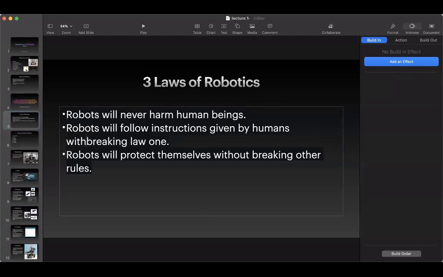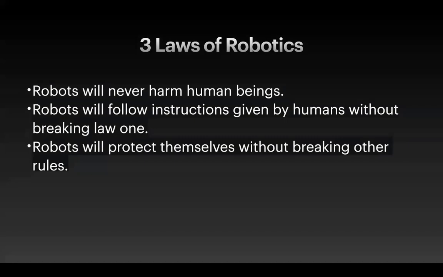It should be without breaking law 1. So robots will follow instructions given by humans without breaking law 1. The first law is that robots will never harm human beings.